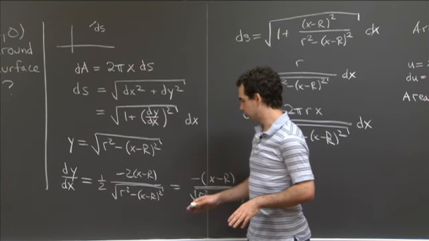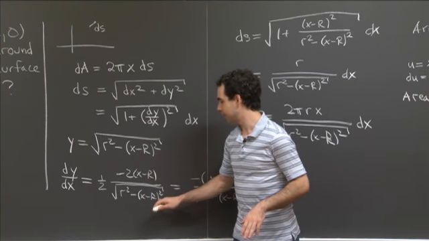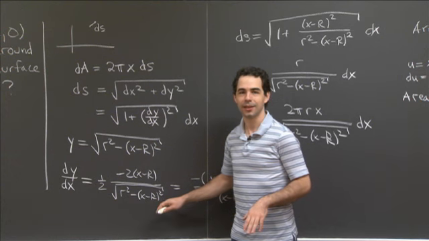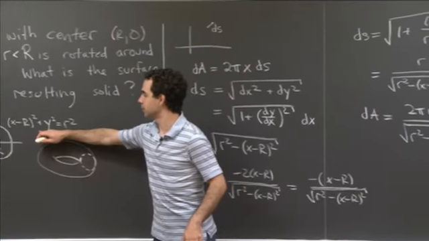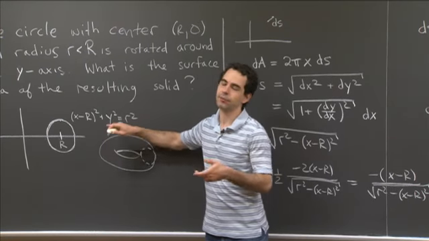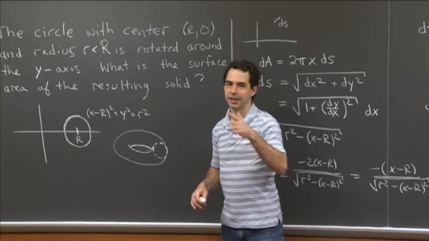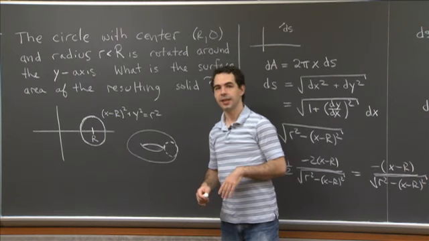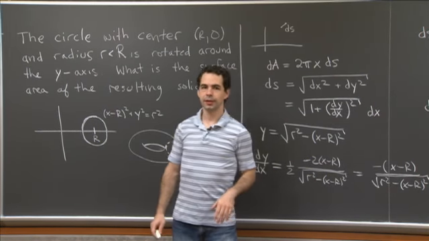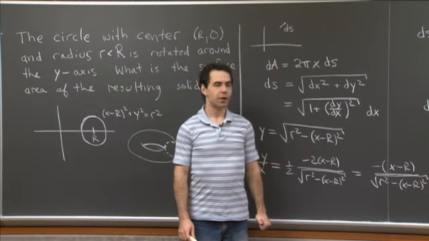I would have had to write this square root of little r squared minus x minus big R quantity squared fewer times if I'd done implicit differentiation, starting from this implicit equation relating x and y. You have to be a little careful, whether you're doing the whole circle all at once or just the top half or the bottom half. But you could do it with implicit differentiation instead, and maybe save yourself a little bit of messy-looking arithmetic. So I think I'll end there.